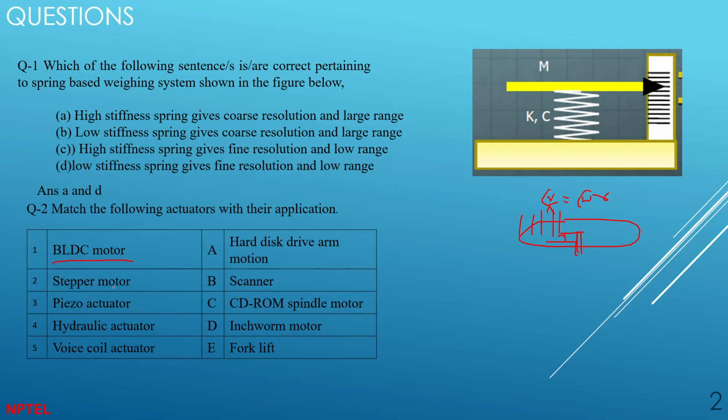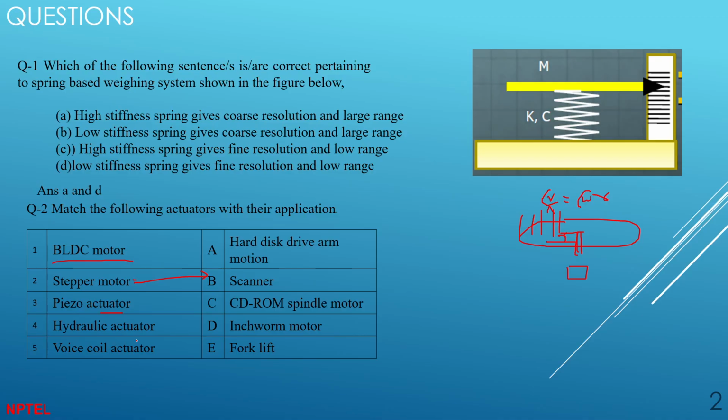Then stepper motor. I think Professor Gandhi has told you about stepper motors. You can use them in scanners, and if you remember, also for moving the photodiode. And then there is a piezo actuator.